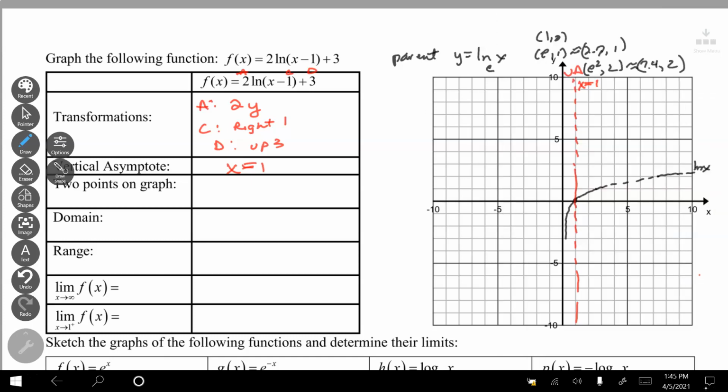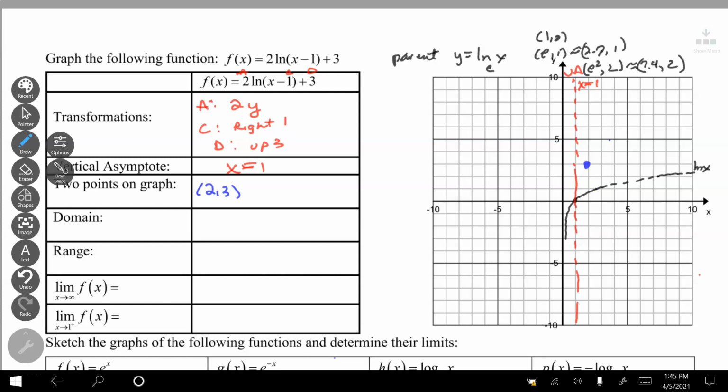Oops. Double the y. Right 1, up 3 is right here. And that is the point 2, comma 3. This point right here at 2.7, comma 1, I can double it, which would be 2.7, comma 2.